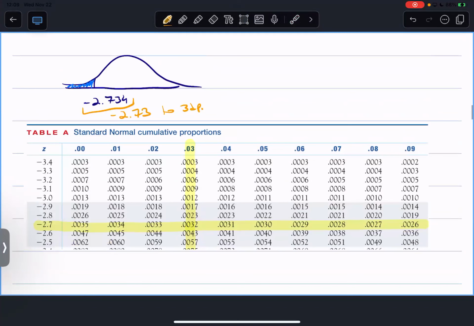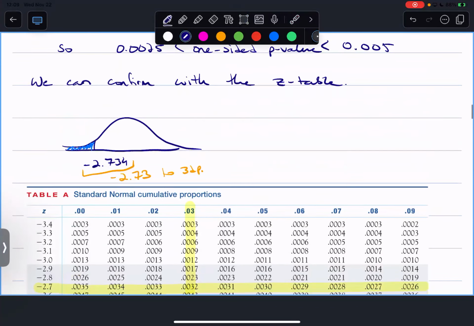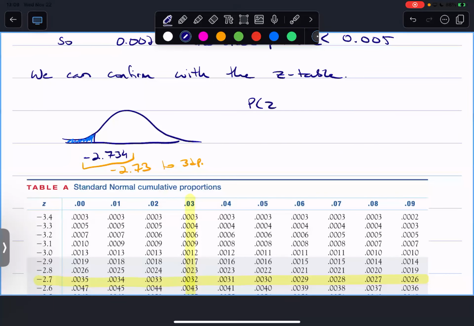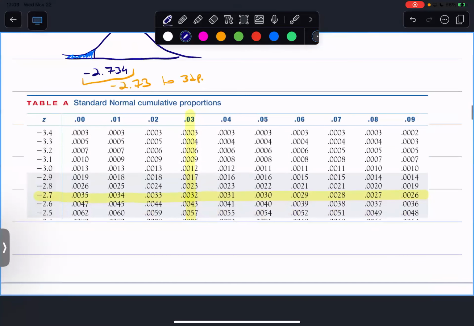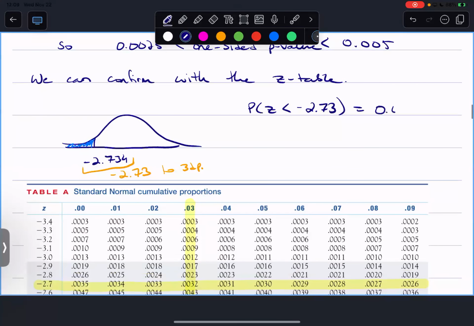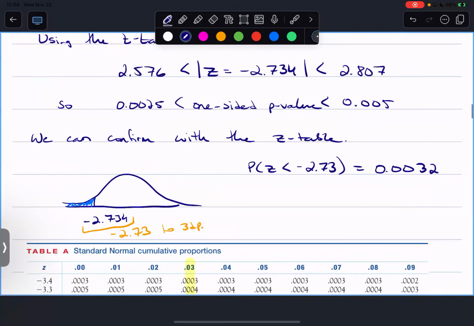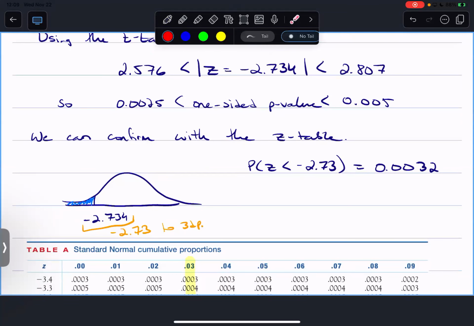And so using the probability that Z is less than negative 2.73 is 0.0032. 0.0032 is between 0.0025 and 0.005. Right? And that's how it works.